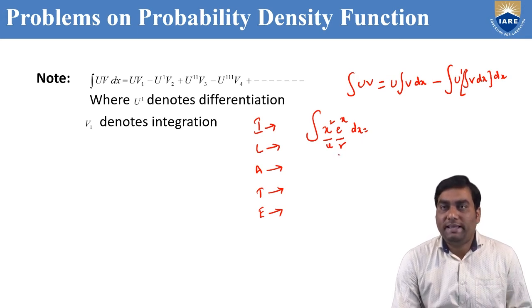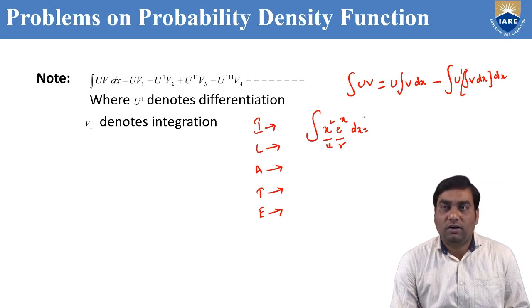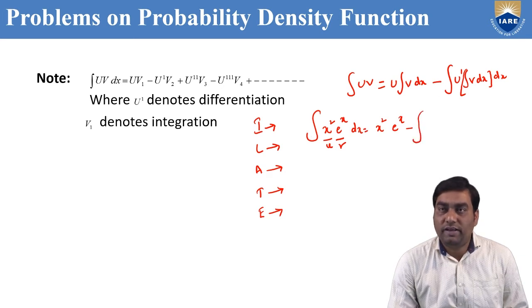If you apply the intermediate level integration of uv formula, u equals x square, into the integration of v dx, the integration of e power x is e power x, minus the integration of u dash, where u equals x square, so u dash is 2x, into the integration of v, e power x dx.